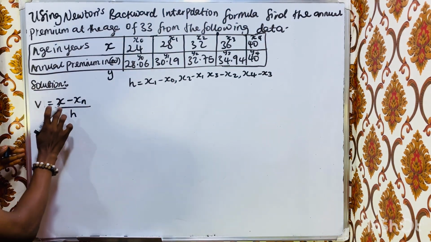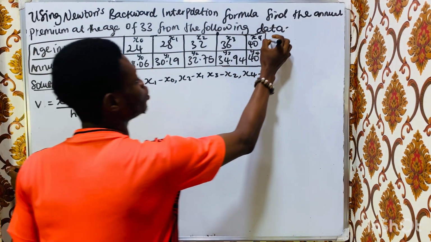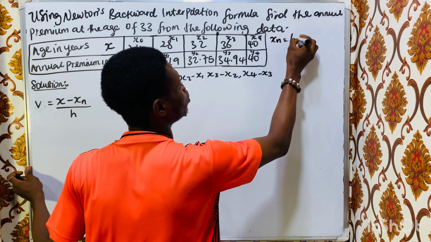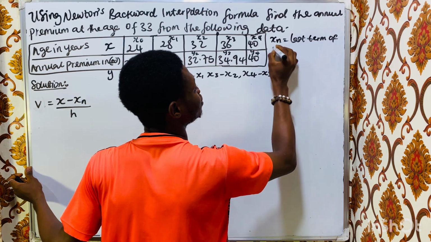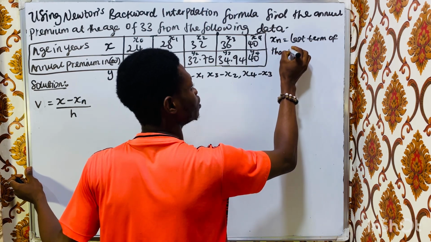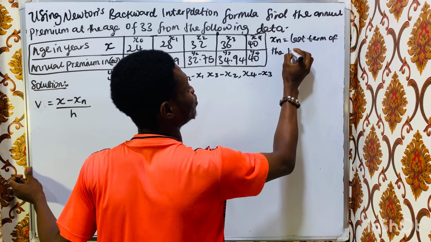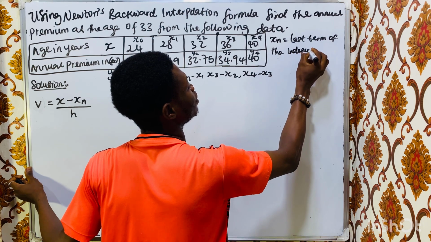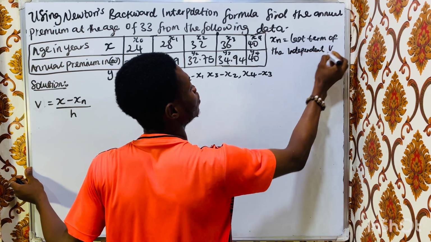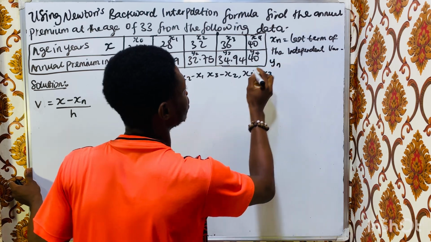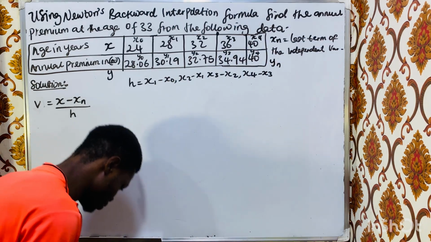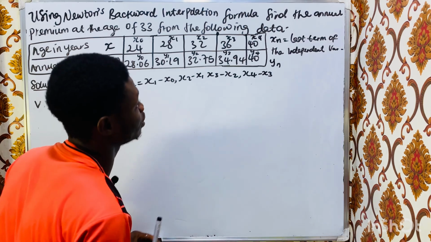So our v is equal to x minus x sub n. x sub n is the last term of the independent variable. Here, this 40 is our x sub n.